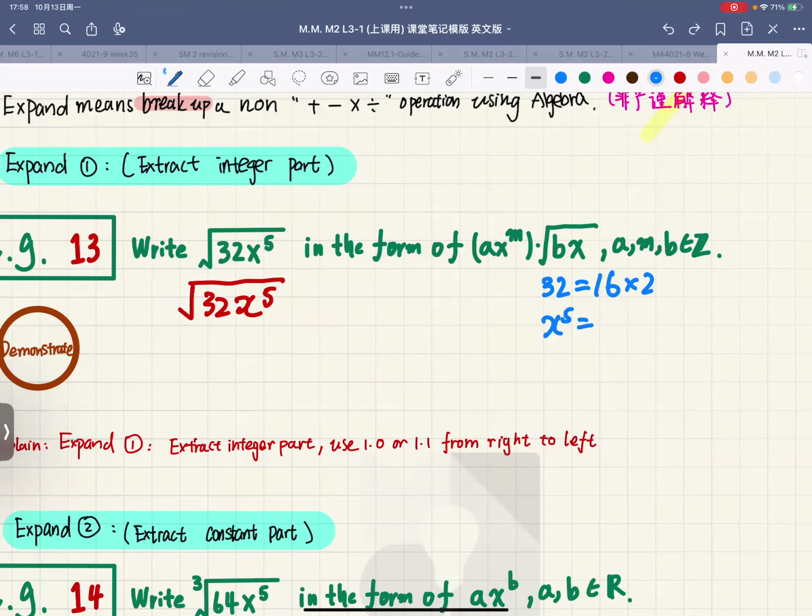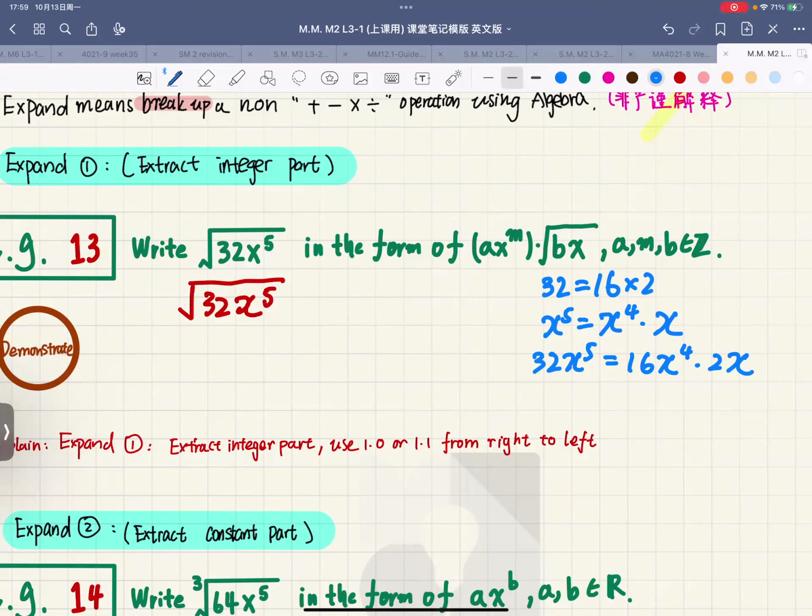If I take the square root of x to the power of 4, all right, let's see. x to the power of 4 times x, right? So 32x to the power of 5 actually is equal to 16x to the power of 4 times 2x.